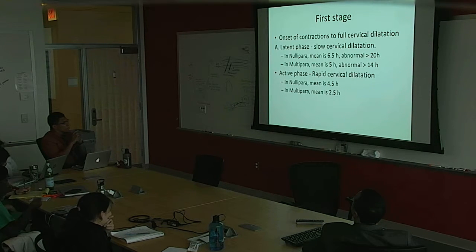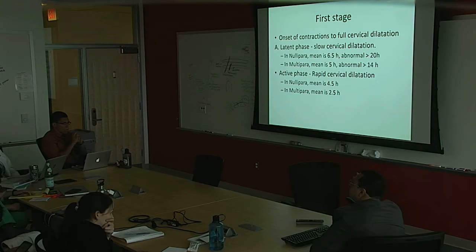The latent phase is slow cervical dilatation. She has contractions, but she goes slowly. That's the latent phase, and we see that all the time when they come in. And then once they go into active labor, that's when you have rapid cervical dilatation.